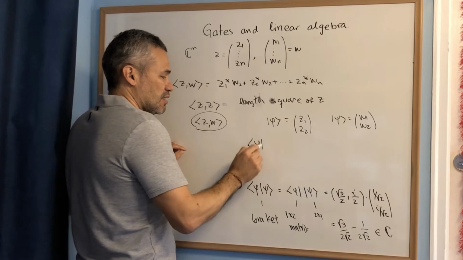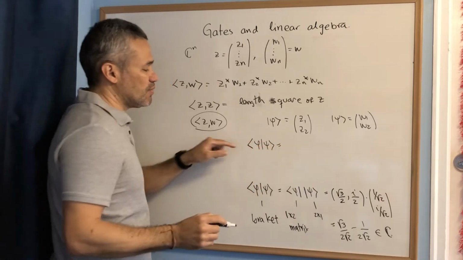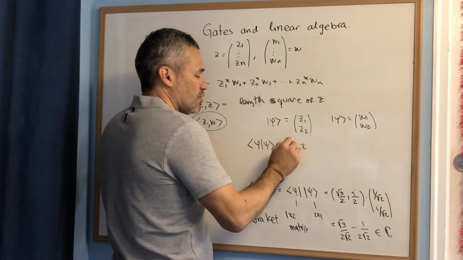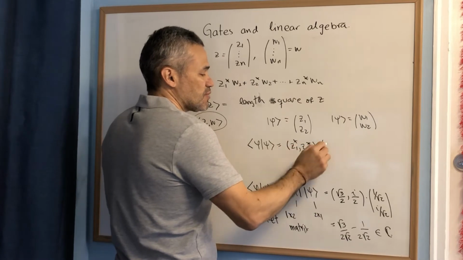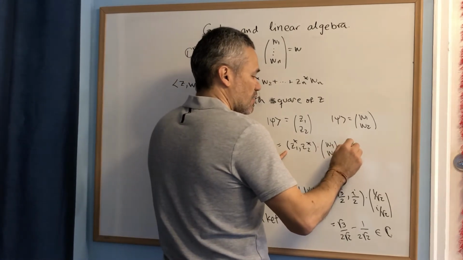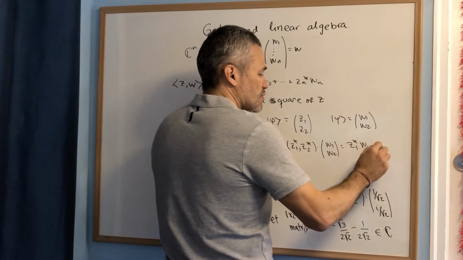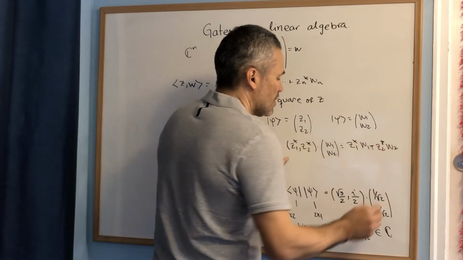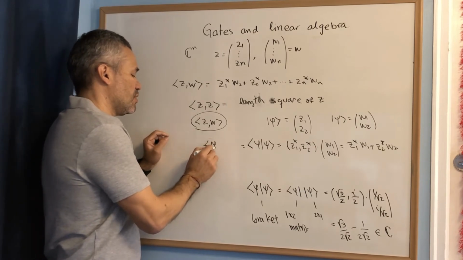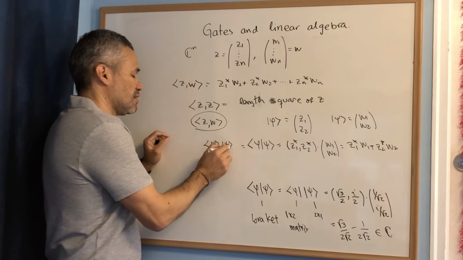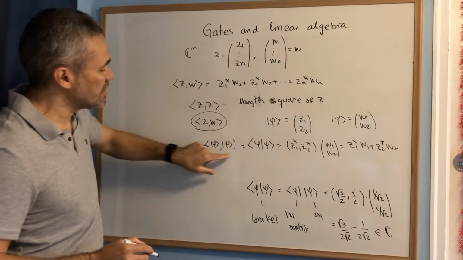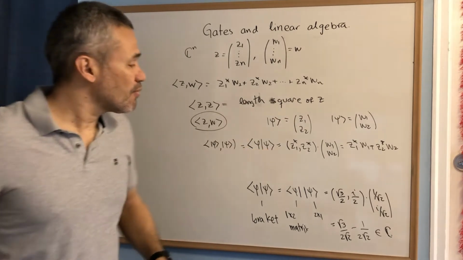The bra of this is going to be C1 conjugate, C2 conjugate, times W1, W2, and this is just C1 conjugate W1 plus C2 conjugate W2, and it is exactly the dot product between the two kets. Then we think about this column vector and this column vector, and we think about the inner product. Essentially, we need to do the bracket between the two.